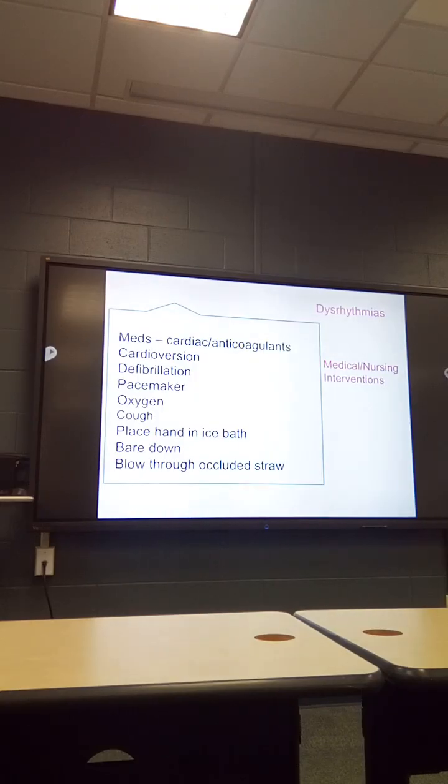We want the electrical, I mean, yes, it's fast, it's boom, but we wanna change that electrical rhythm. But yeah, the pericardial thump used to be in the plan of care. When I went through school, it was not in the plan of care anymore, so that was 2007 when I graduated. So it's been out, but I have seen people do it, and it doesn't work, not all the time.